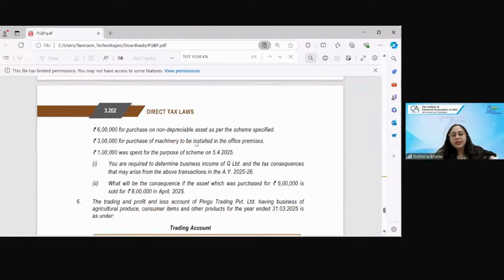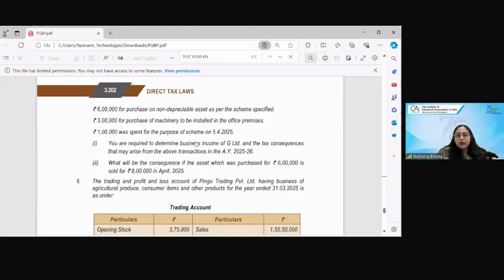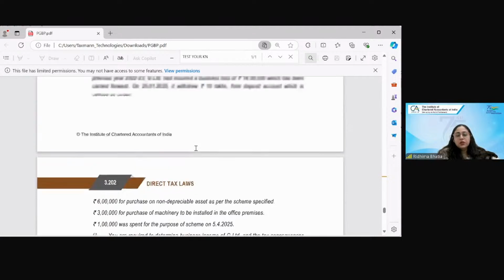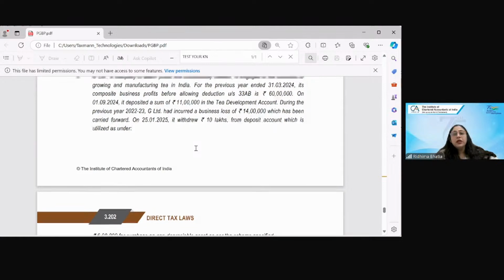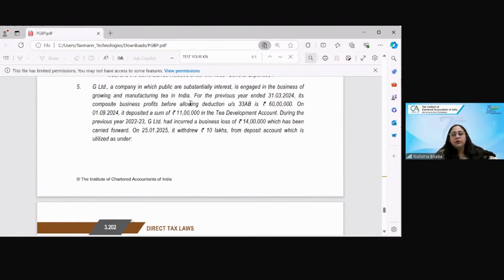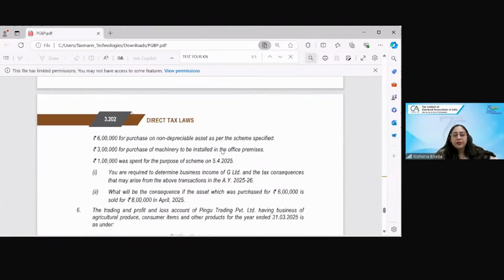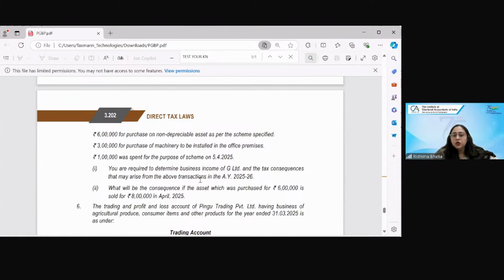Now this question has asked you, you are required to determine the business income of, so this is a purely question based on the tea coffee rubber development. टी development का question है 33AB के basis पे. They have given you the information कि previous year में क्या business profits हैं, what is the sum deposited, what is the loss, etc. Everything is given. Now the question is that, and they have given you the usage of the income in that scheme also.